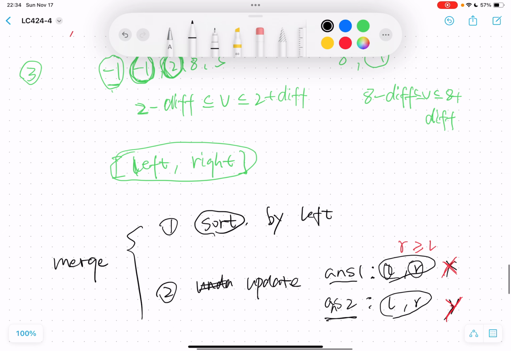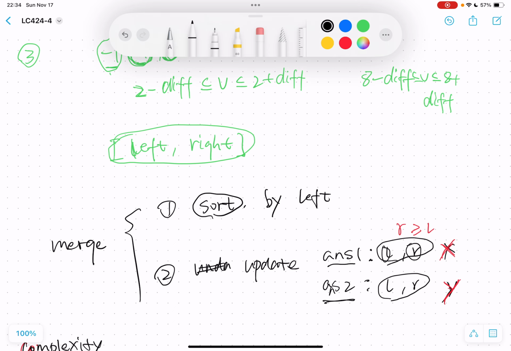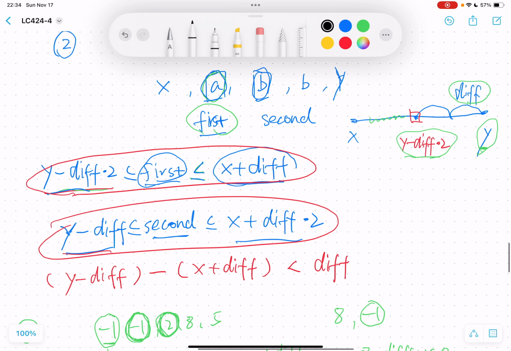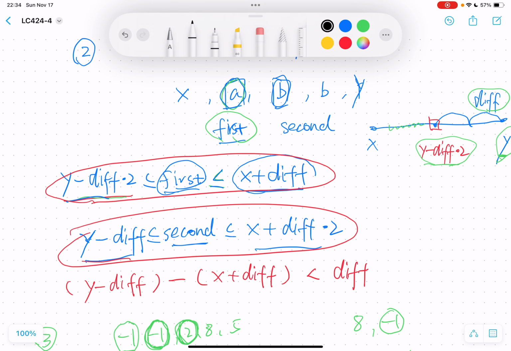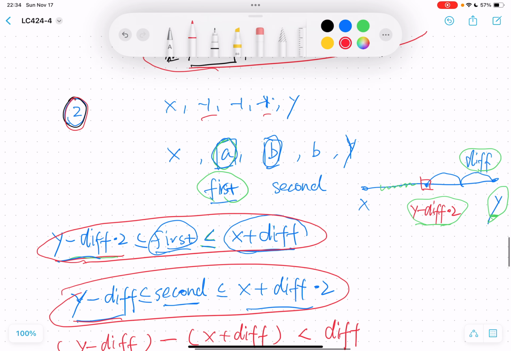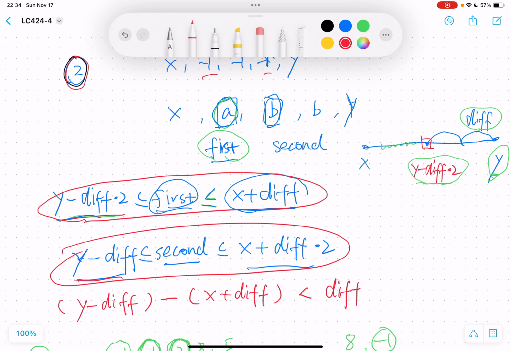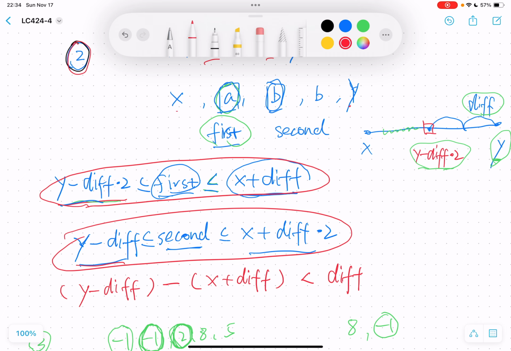Okay. There are some details about the answer. That means we need to check the situation 2. For situation 2, that means if there are several -1 between x and y, we need to insert 2 different values for x and y. But sometimes we only need to insert 1 value between x and y. That can be the requirement.